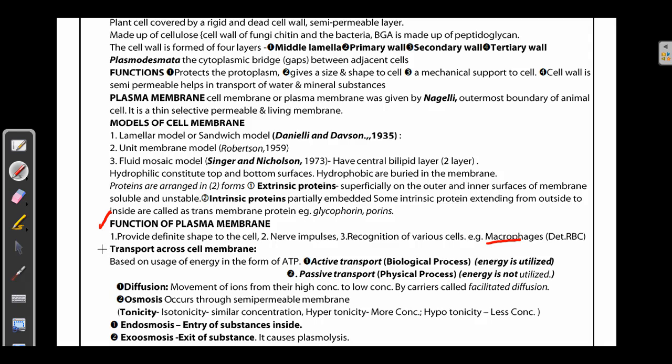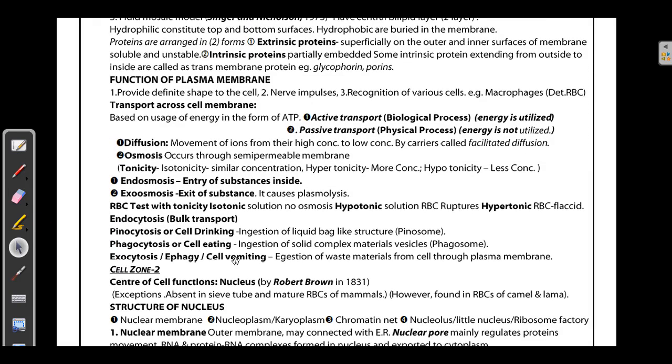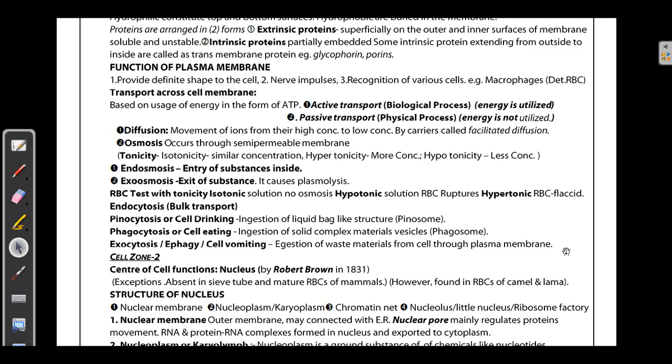Next we'll look at how the magical boundary allows substances through it. In other terms, it is transport across the cell membrane. To understand this, you have to know a bit about a few chemical processes.